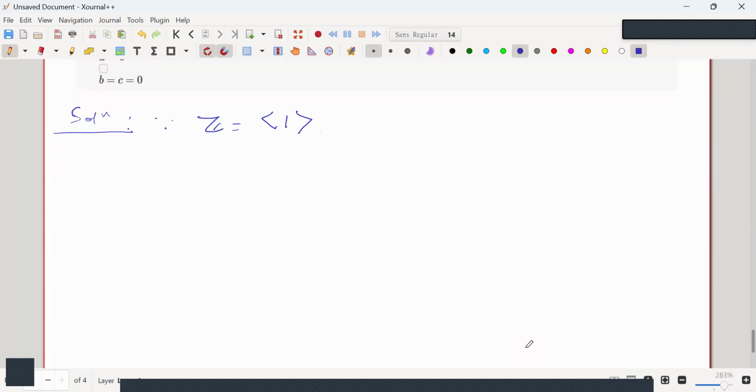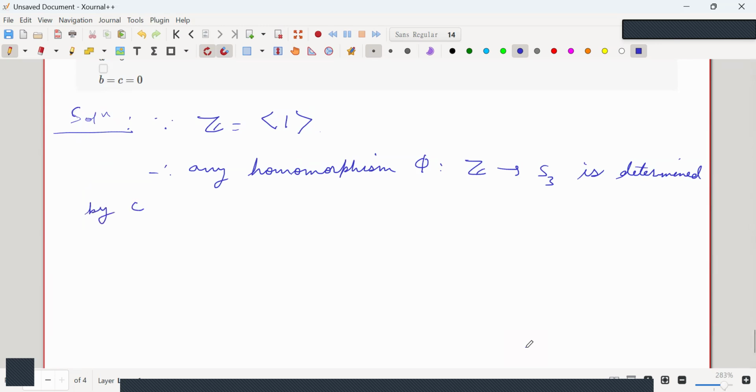So since Z is generated by the element 1, any homomorphism phi from Z to S3 is determined by phi of 1, and there are six elements in S3.